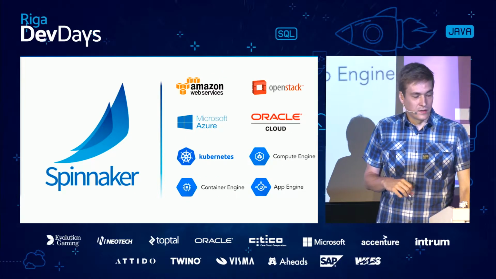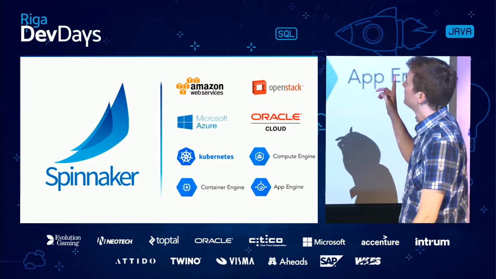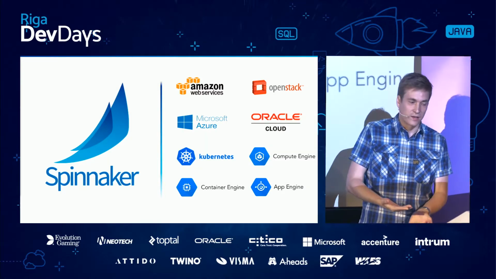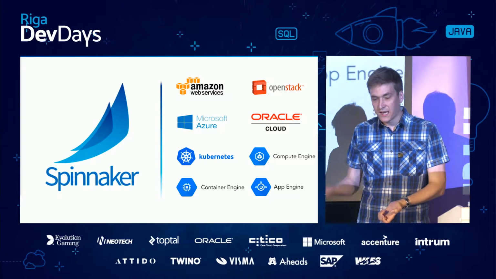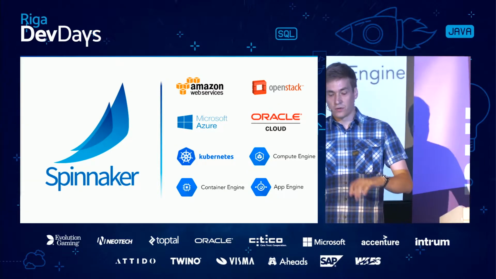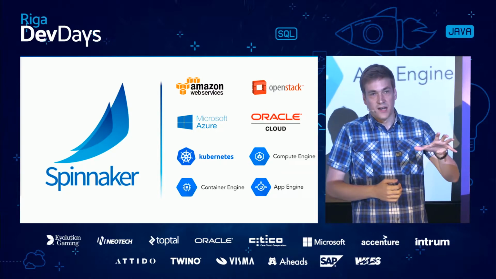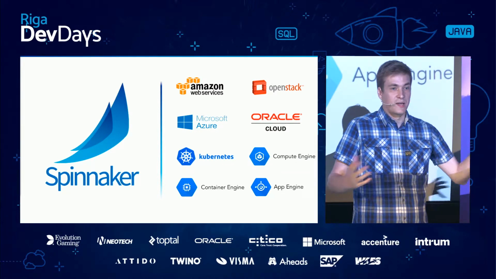And if you look at the clouds that it supports, it doesn't actually list all of them. So you have Amazon, obviously, because Netflix is doing everything on Amazon. You can also run it on OpenStack. You can do it on Azure or Oracle Cloud, and on Google Cloud with Kubernetes, or Kubernetes without Google Cloud.